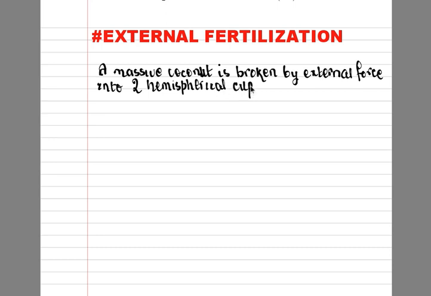We know that coconut is spherical in shape, and if someone breaks it from between, it forms cups which are hemispherical in shape. It was broken so hard that an echo was heard. He must have broken it in an empty room, that's why an echo of the sound was heard.